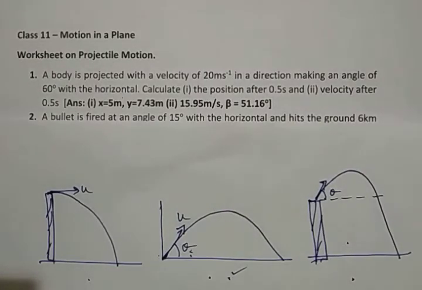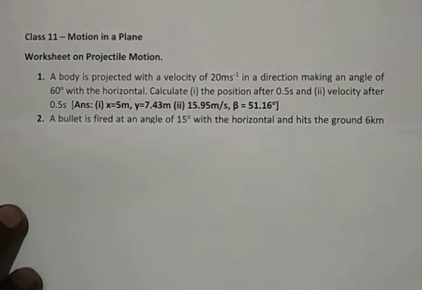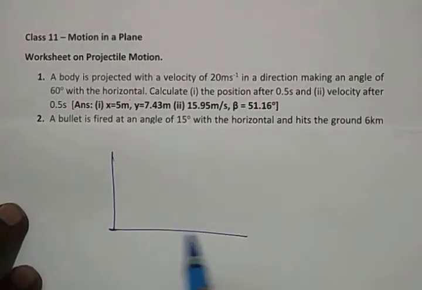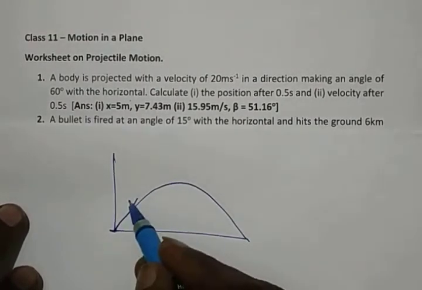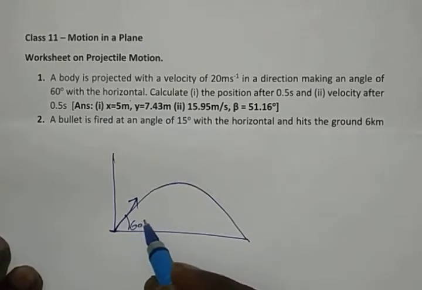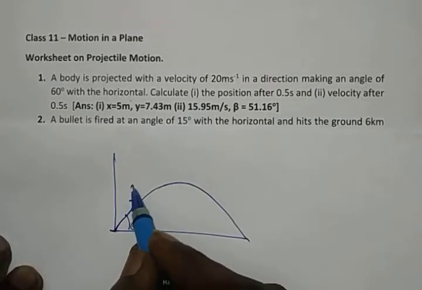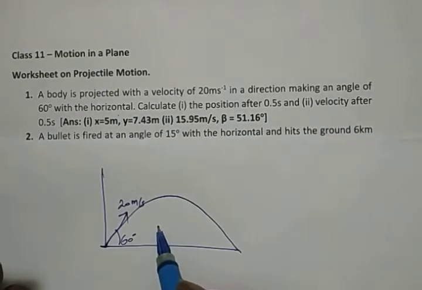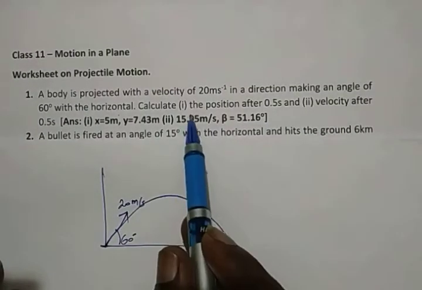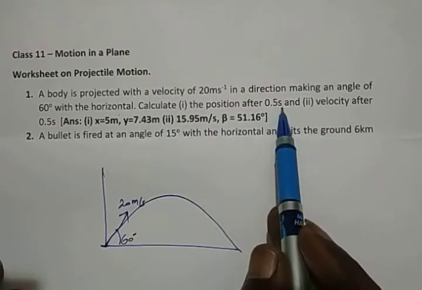We'll see the various factors by drawing a diagram. The diagram will be like this. It is a projectile with an angle of 60 degrees here, and the velocity is given here as 20 meter per second. It asks to calculate the position after 0.5 seconds.